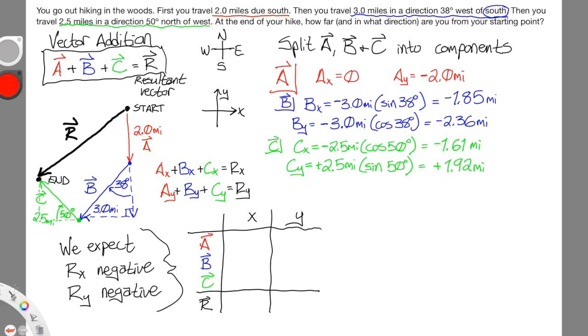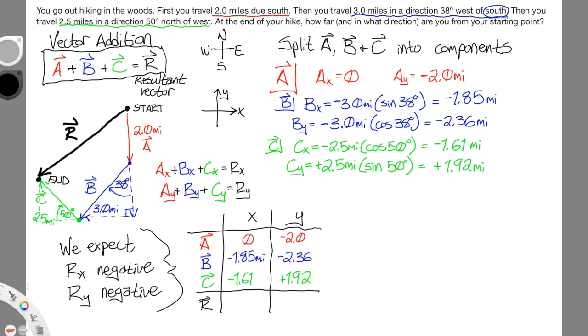Vector A had an x component of 0 and a y component of negative 2.0 miles. Vector B had an x component of negative 1.85 miles and a y component of negative 2.36 miles. And vector C had an x component of negative 1.61 miles and a y component of positive 1.92 miles.